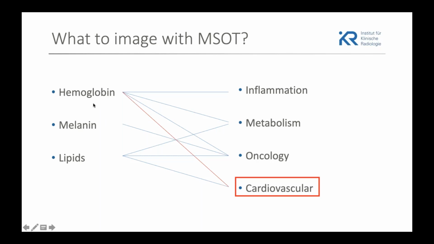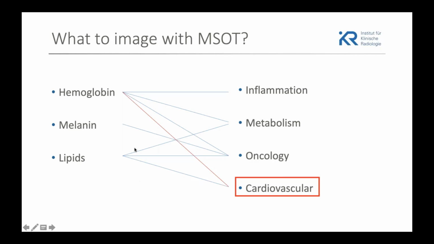for example with hemoglobin and a combination of inflammation and cardiovascular imaging, for systemic sclerosis, imaging of the skin, with melanin, which has been evaluated by the group in Essen for melanoma imaging and melanoma metastasis to lymph nodes.